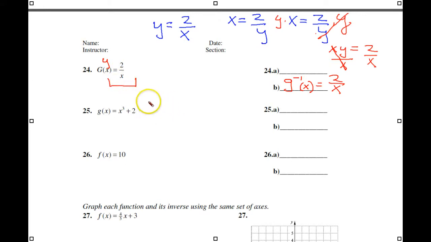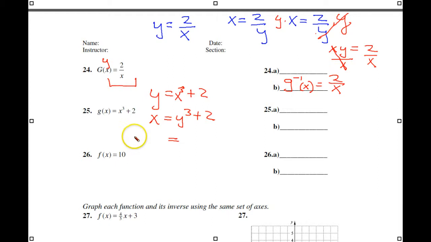Okay, let's do this one together. So this is going to be y equals x to the third plus 2. Switch the letters around. So we have x equals y to the third plus 2.